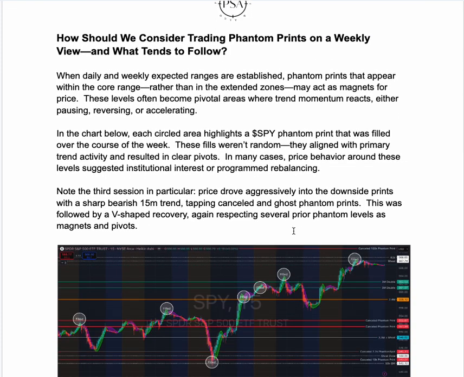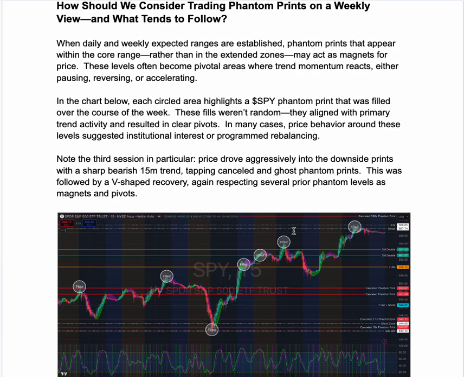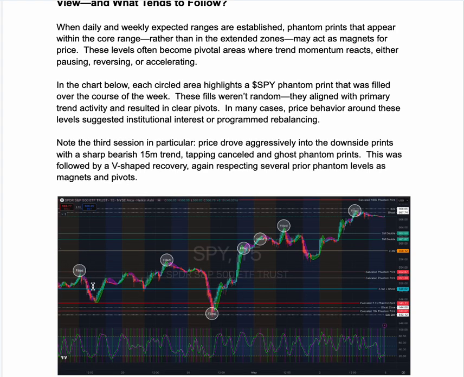On a weekly view, I also give a weekly upside and downside, and a runner's area. You can see on this week time frame the circles where phantom prints were filled, pivot down, and then you found some support, you went up, and then overnight you slid all the way down to these phantom prints, and they were filled.